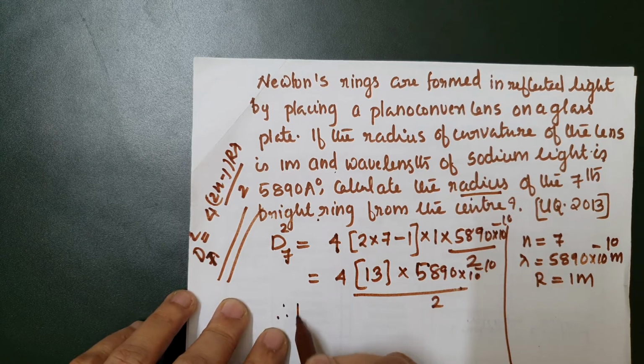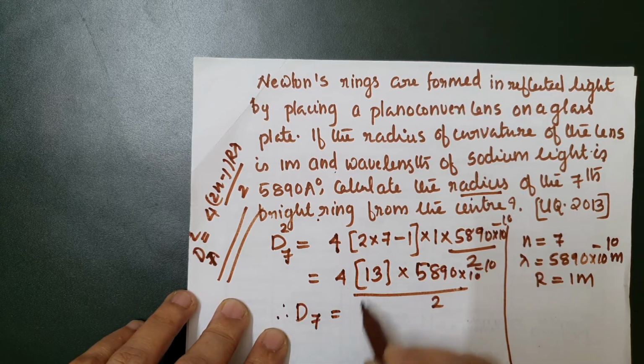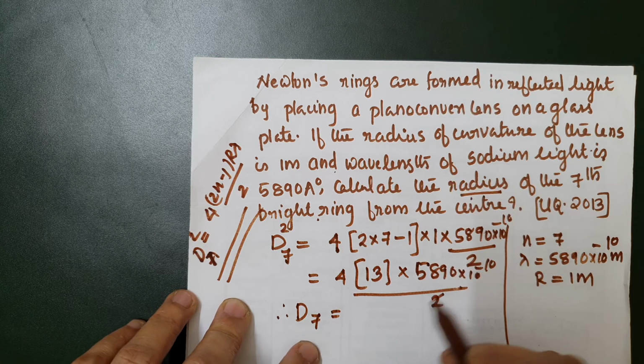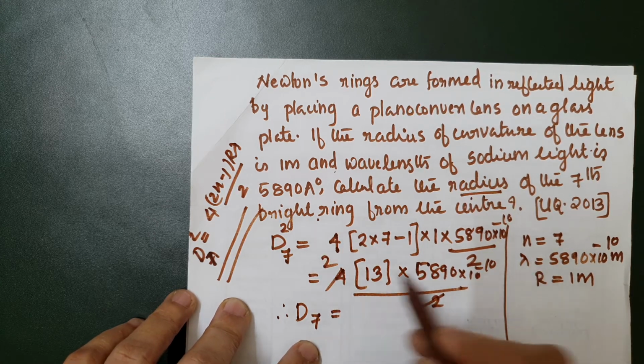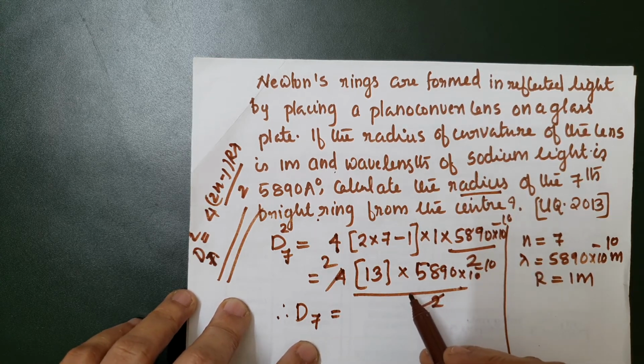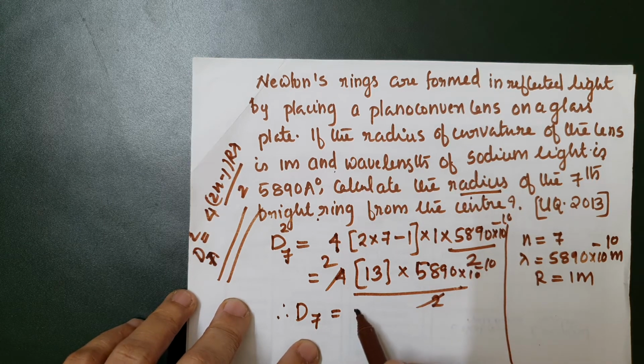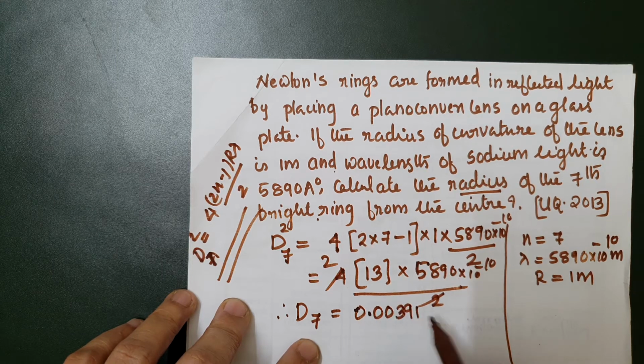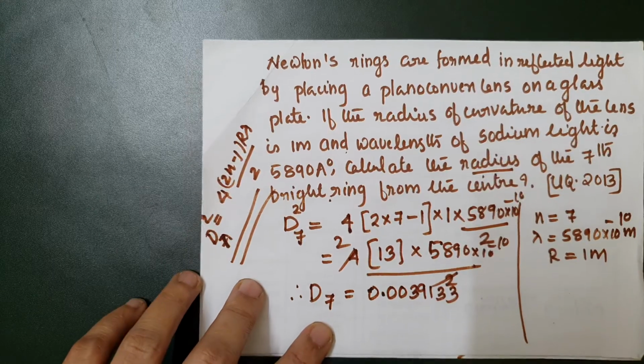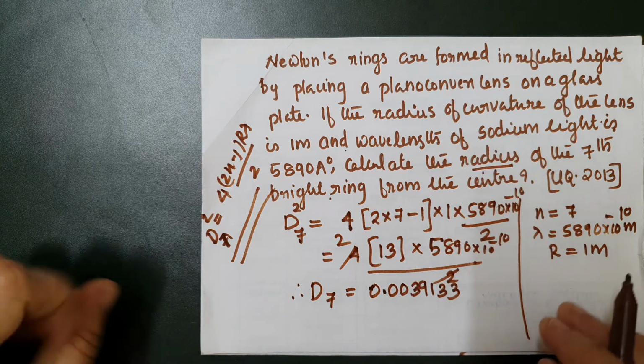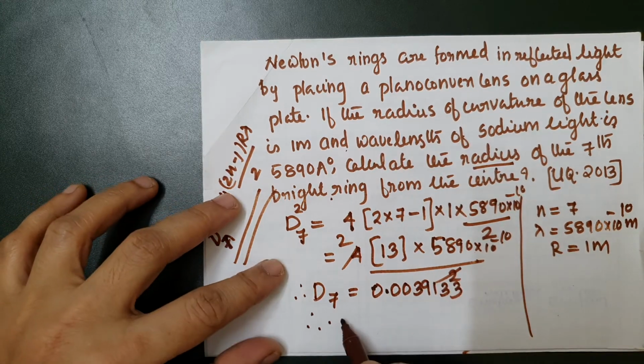Therefore, d7 will be the square root of this equation, and it will give the value of d7 as something like 0.003933. But we have to find the radius.